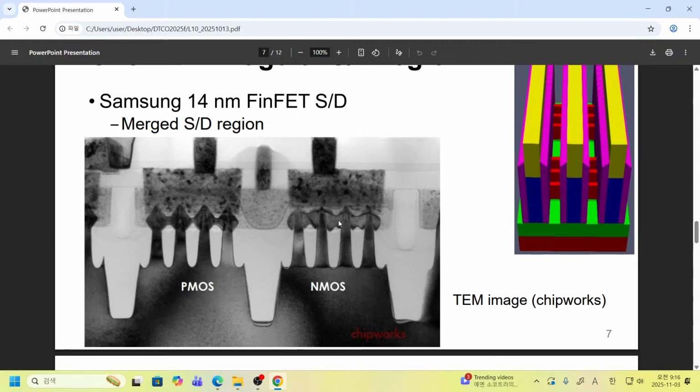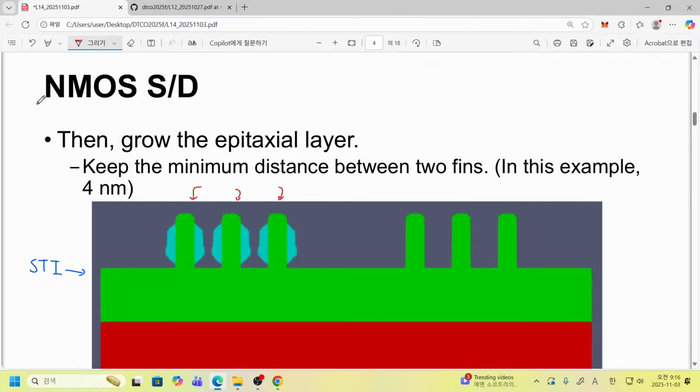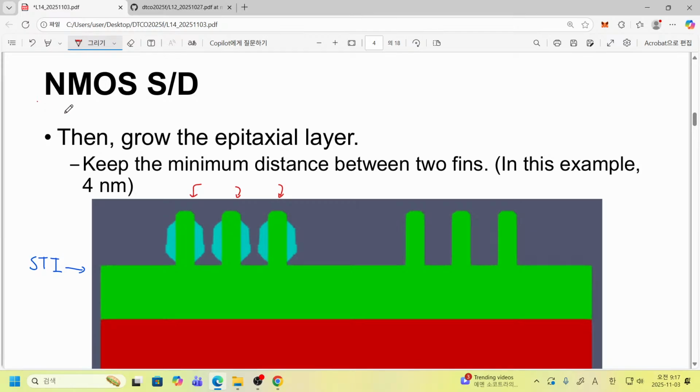Of course for some cases it's not, but they are quite close. So which one is the standard? I have a little idea. That's the reason why I suggest here just to separate one, but that really depends on the technology. So please do not consider these separated fins as the standard one.